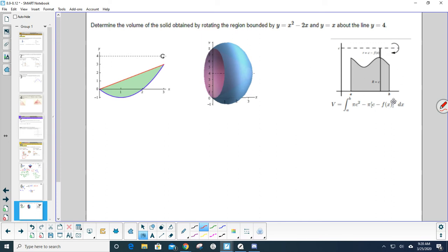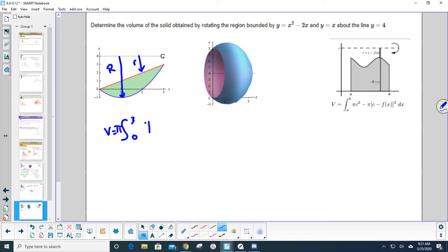So right away, before I do anything, I'll come over here to my picture and I'll say, okay, I know R is that, and I know little r is that. We're rotating about y equals 4. Well, that's just like an x line, like an x-axis line. So my volume for this one, we're going to be going from 0 to 3. Oh, I forgot my pi. What's my pi out there?